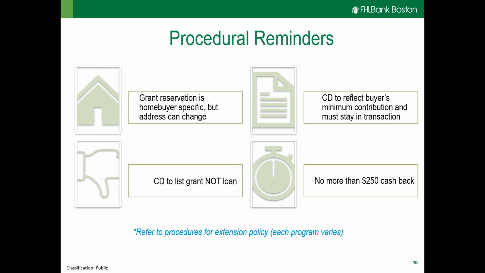We have all of those extension opportunities listed in our procedures, and then you just would have to reach out to myself or anyone on our homeownership team to update that disbursement due date on our end.